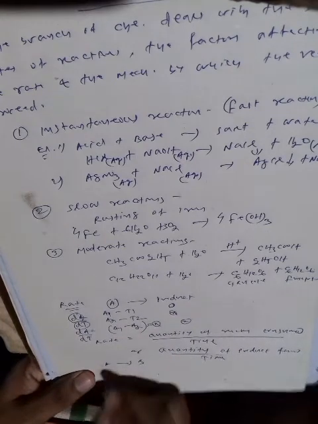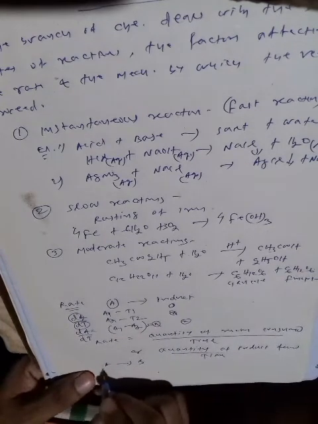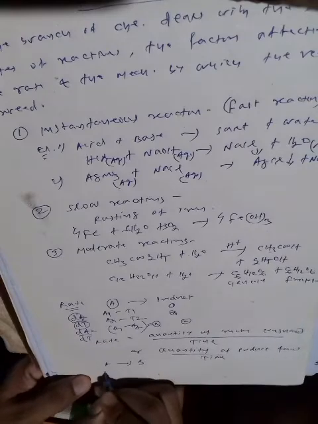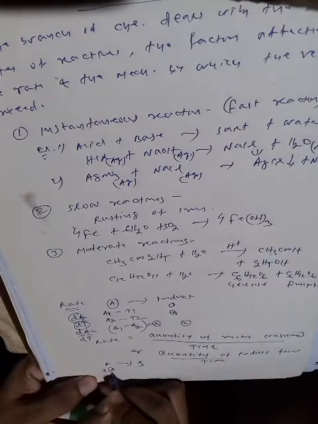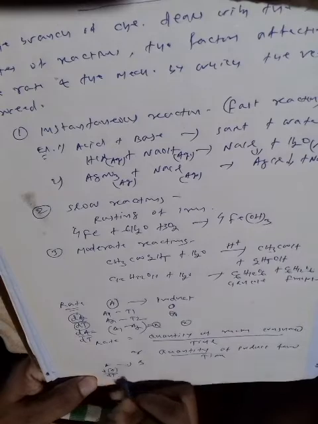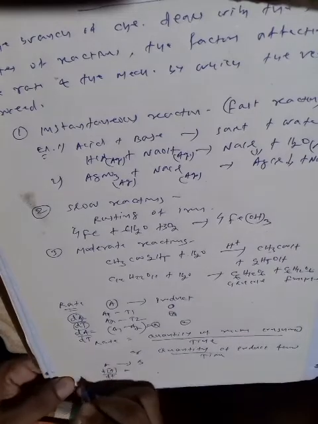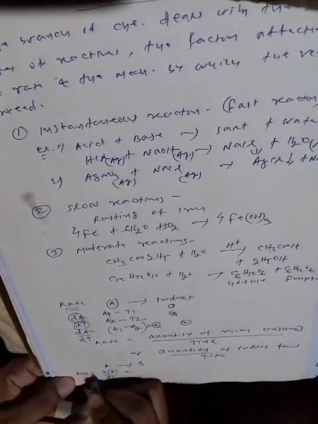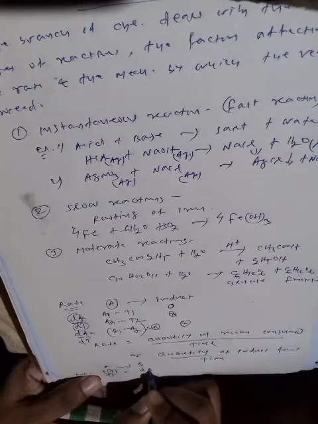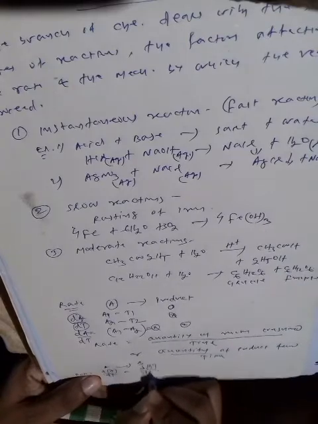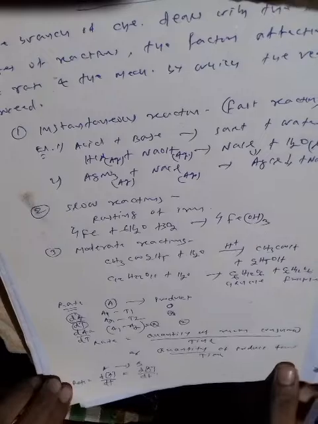Suppose A is the reactant and B is the product, so the rate will be equal to dA by dt or dB by dt.